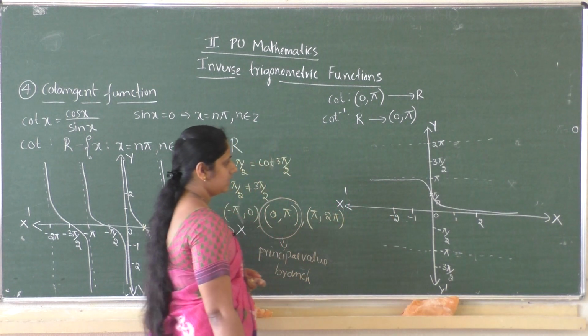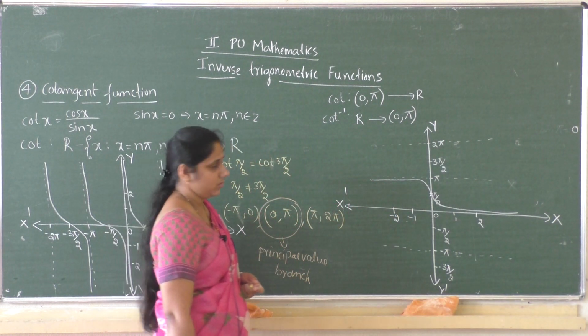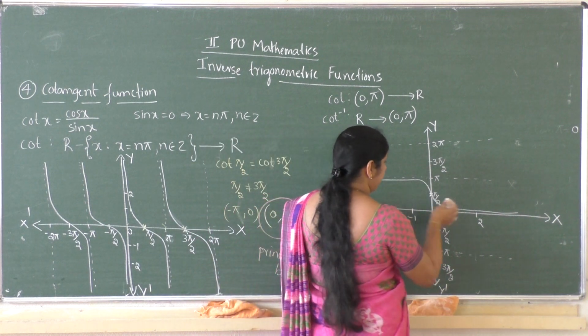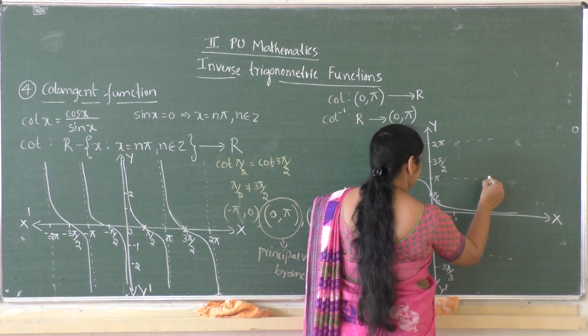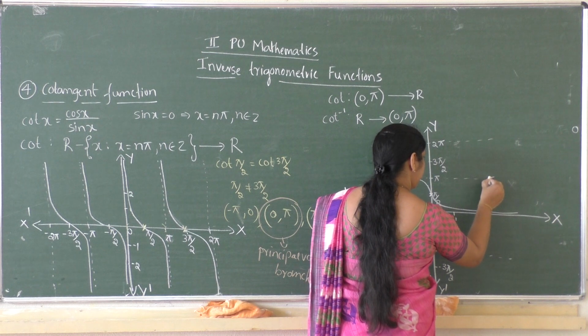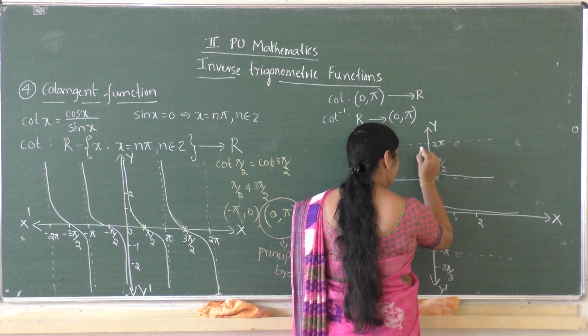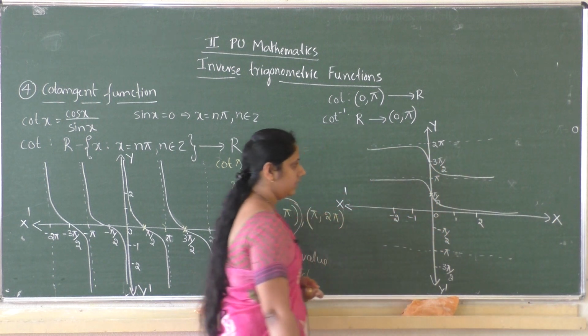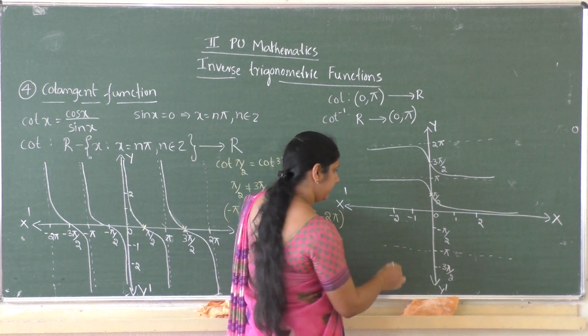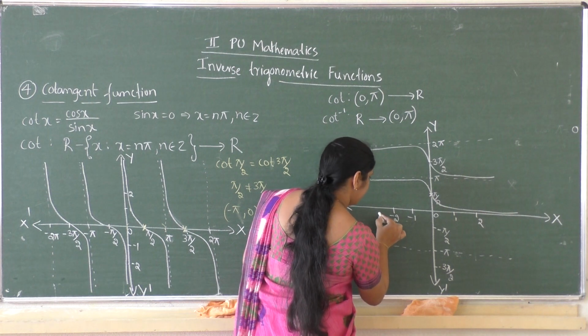So this is the graph in first and second quadrants. Again the third one positive, so at pi value infinity to 0, next up to minus infinity. Same graph repeats. So the graph will be like this.